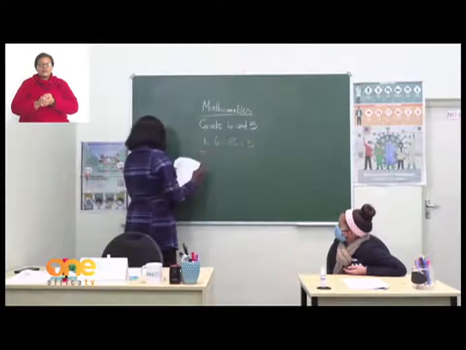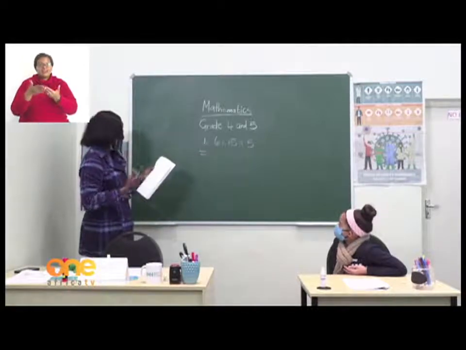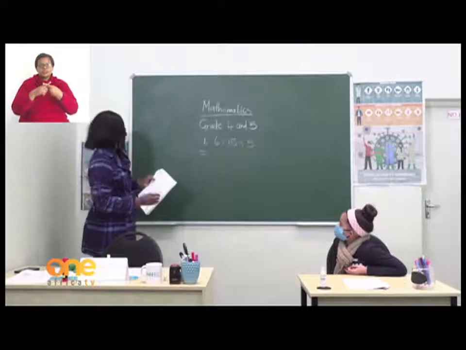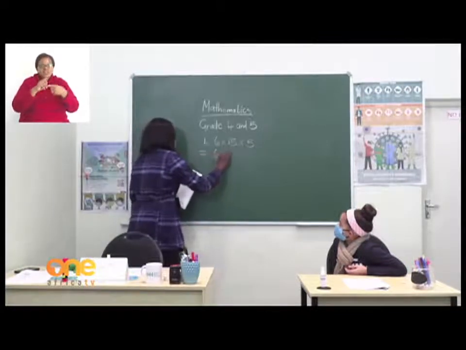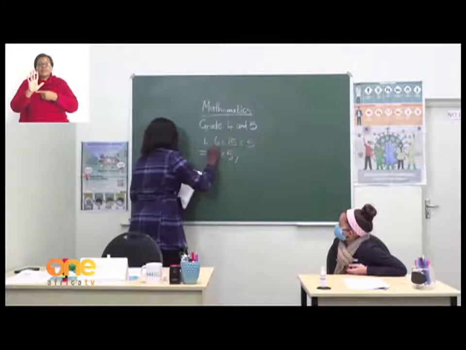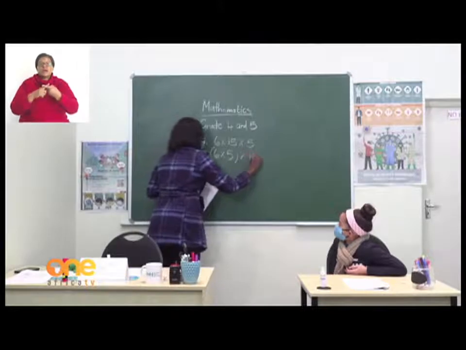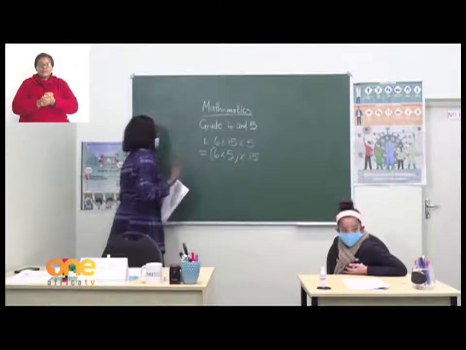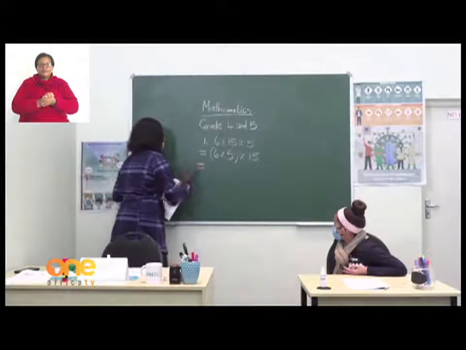So remember to choose the two numbers that are easy to multiply and group them together. In this case, we take 6 times 5. Group them together. Times 15. Remember the 15. Good. So, what is our answer?